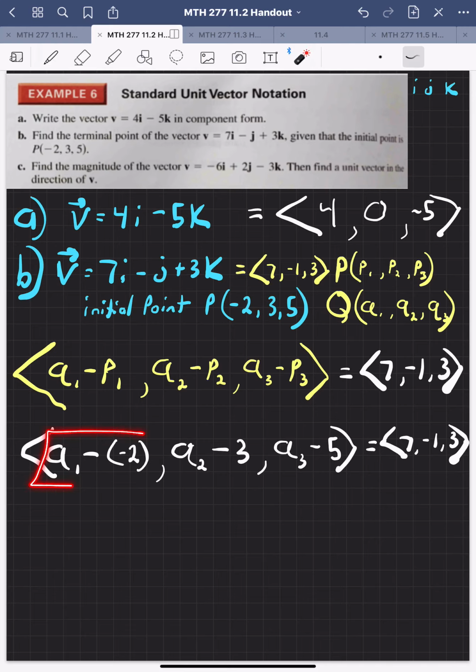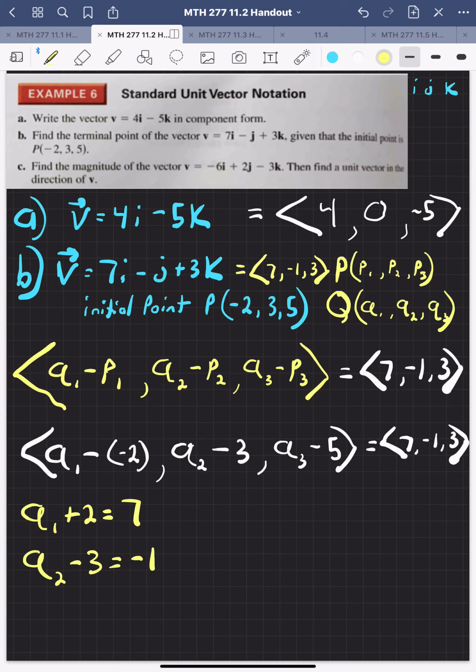At this stage, you're going to set each component equal to each other. So Q sub 1 plus 2 must equal 7. Q sub 2 minus 3 must equal -1. And Q sub 3 minus 5 must equal 3. And you see how, at this stage, we're not done.